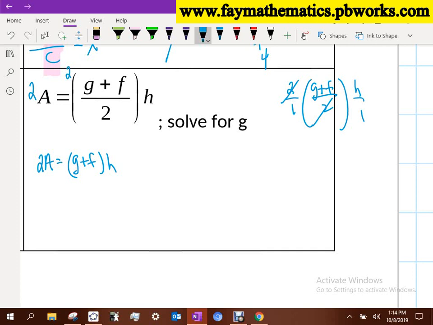Let's say A is like 5, and let's say G was 3, and F was 2, and let's say H is just H. So here you'd actually have 5 H's, right?